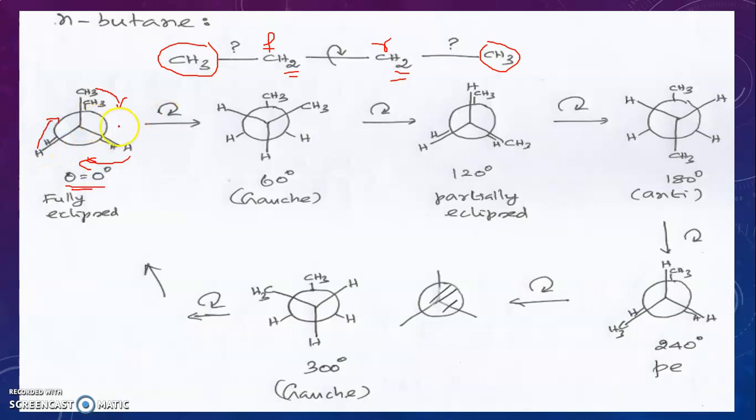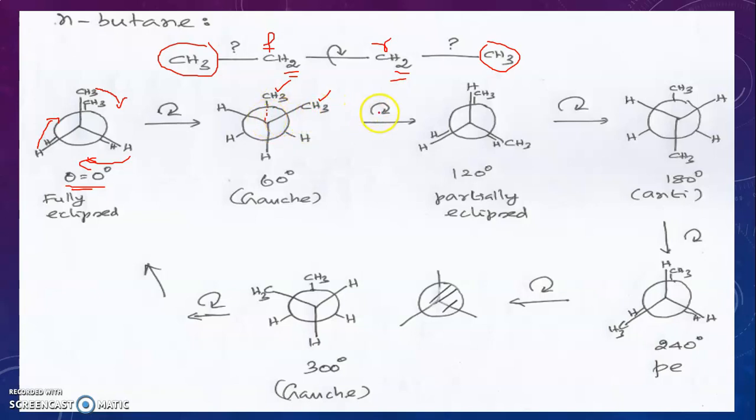So we get this conformation where the dihedral angle between these 2 methyl groups is 60 degrees, right? And I also told you that if 2 groups have a dihedral angle of 60 degrees in a staggered conformation, we call that conformation the gauche conformation.